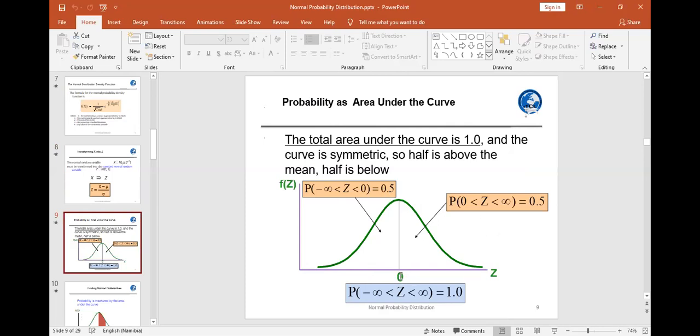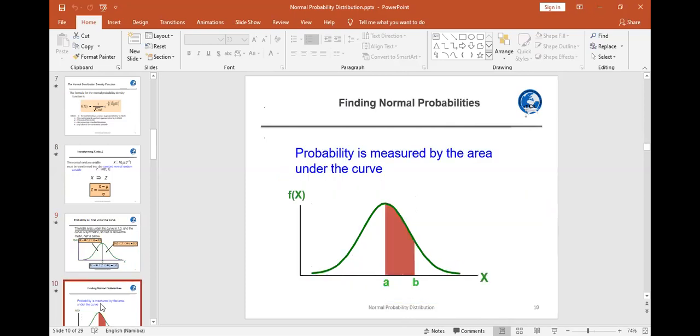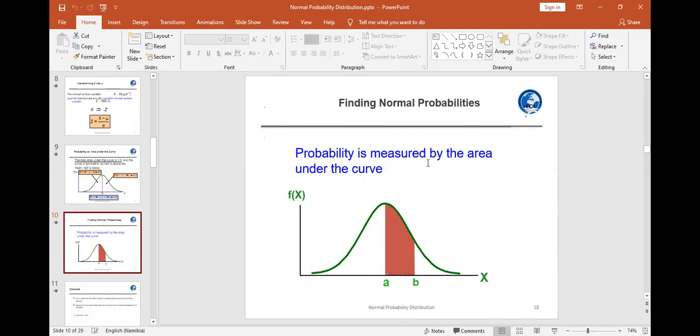Again, from this point 0, which is now your Z, all the way up to positive infinity, the probability is also 0.5. Combining the two, 0.5 plus 0.5 gives us 1. From negative infinity to positive infinity, the total area under the normal curve is equal to 1. So the probability is measured by the area under the normal curve.